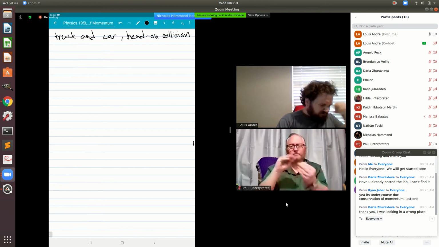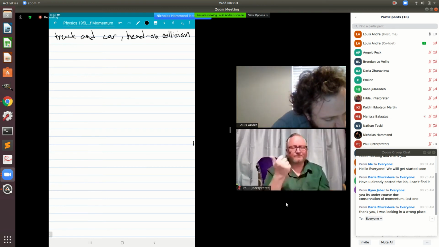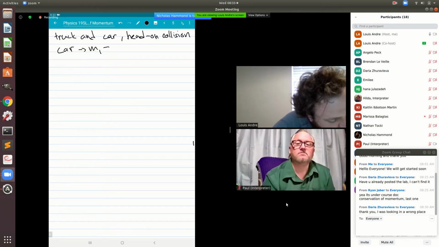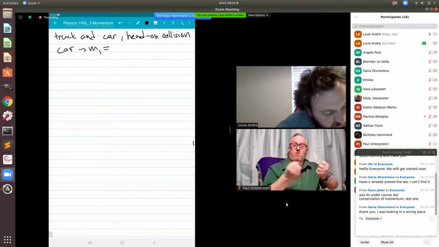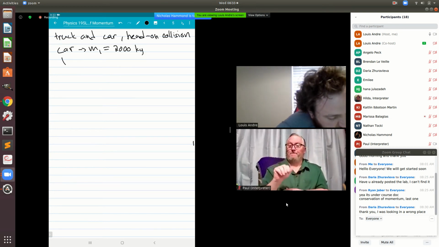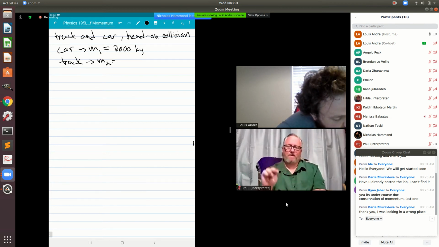So, let's just say the car is M1, and let's say that it has 2,000 kilograms. And let's say the truck is M2, and let's say that's 4,000 kilograms.